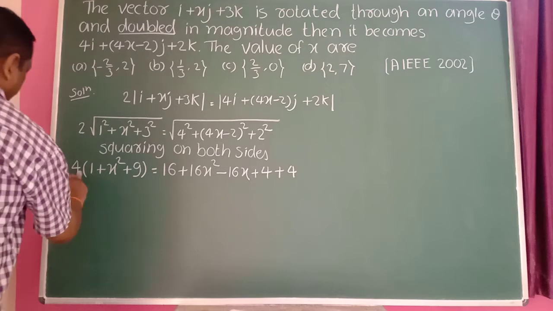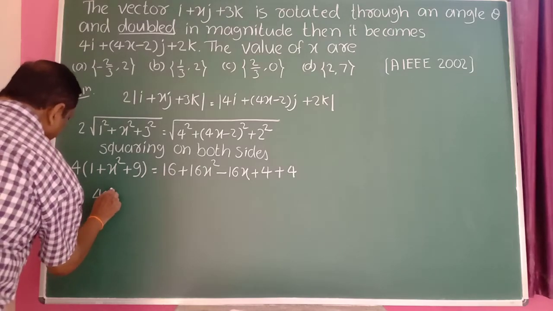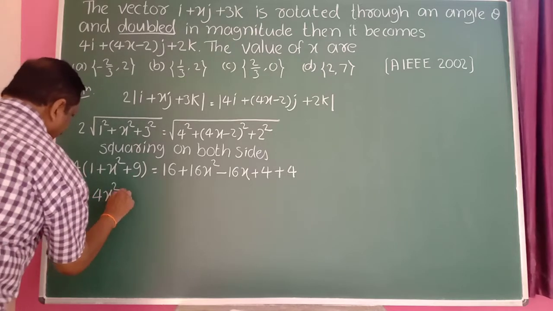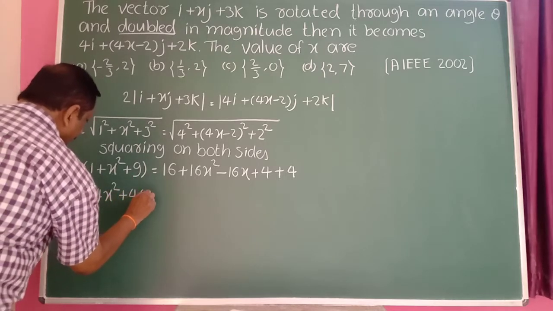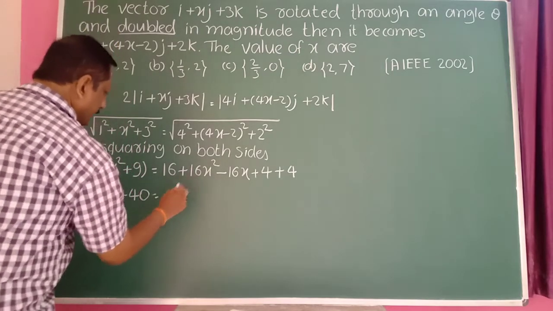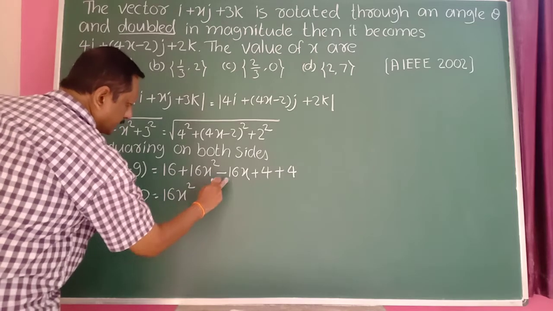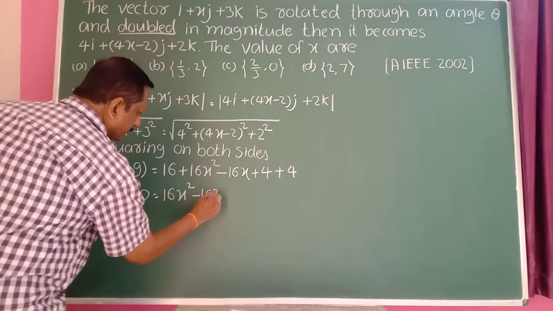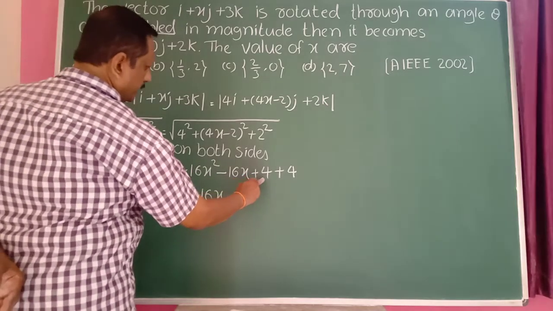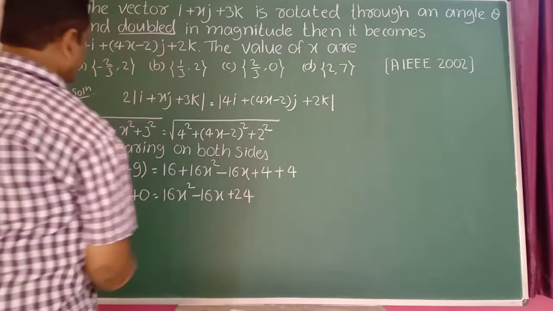Then x square, take 4 inside a bracket, 4x square, 9 plus 1 becomes 10, 10 4s are 40 here, plus 40, that is equal to 16x square minus 16x, then 16 plus 4, 20 plus 4, 24 here, plus 24.